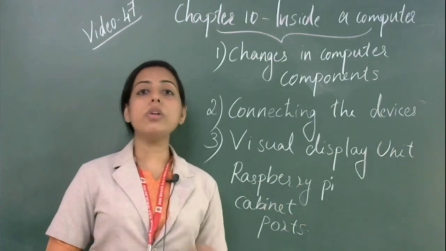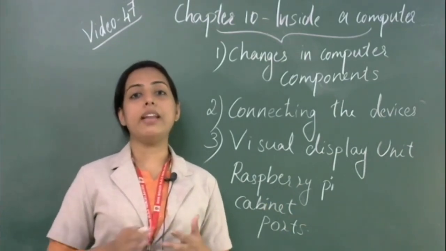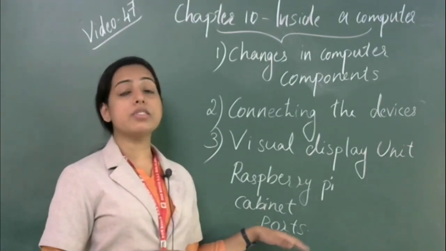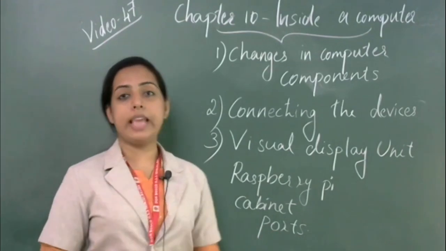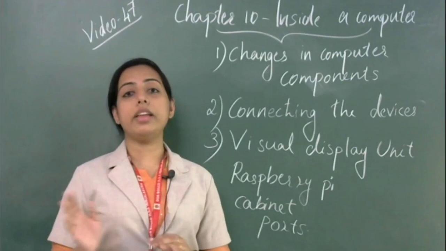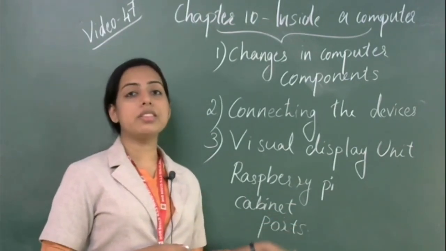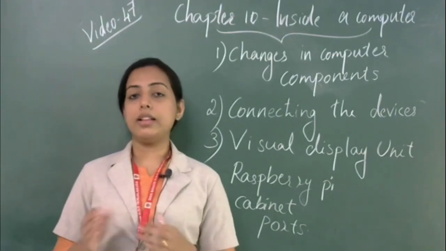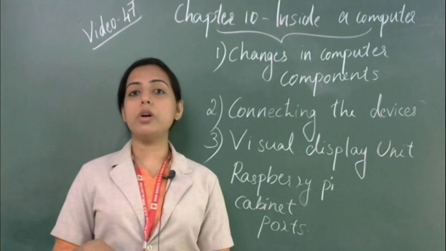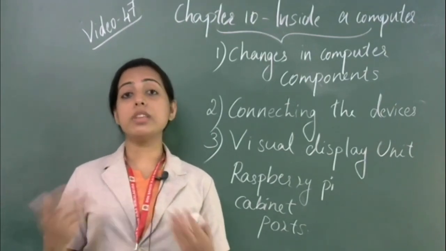So in that port we can connect the keyboard, mouse, printer, scanner, etc. We are connecting all the input and output devices to the port of a cabinet, and other than input and output devices every component is connected together in a cabinet. So this is the difference. Other than input and output devices connect to the cabinet, and all the input and output devices connect to the port of the cabinet by using what?